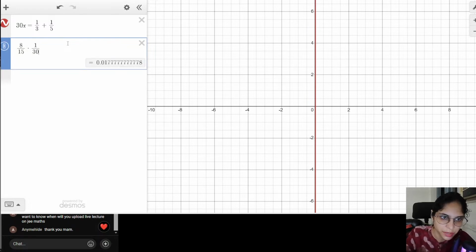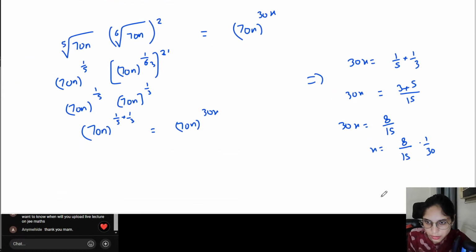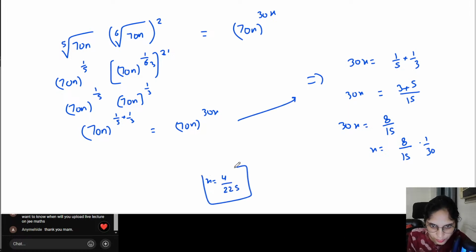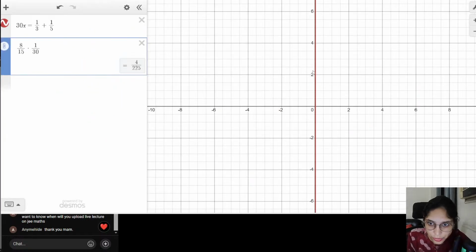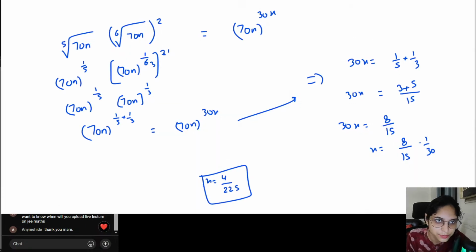If you don't have numeric keypad, 4 over 225. This is your answer, but if you want, you can write in decimal also. 0.01778. And if it is not allowing, so just 0.0178. Whatever they are allowing. Okay.